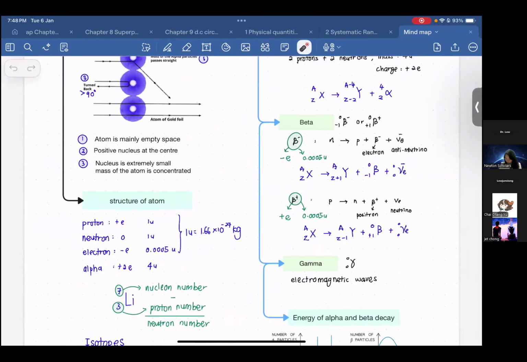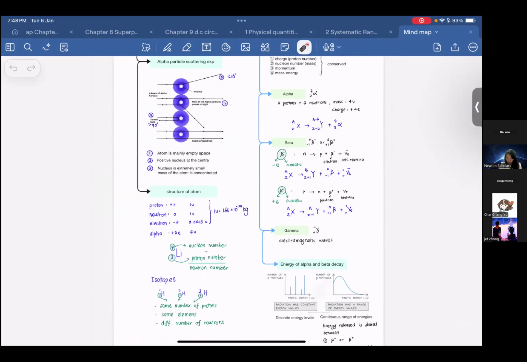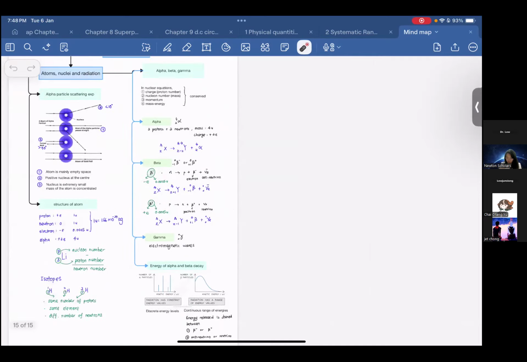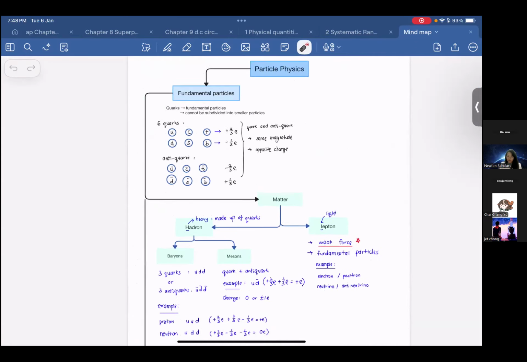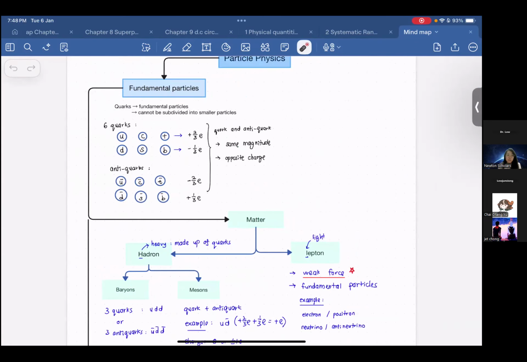So the things that you have to memorize, not that difficult, but have to memorize, is this part. We learn about fundamental particles in the last chapter. We learn about quarks. So what are the six quarks and what is their magnitude? You have to memorize.